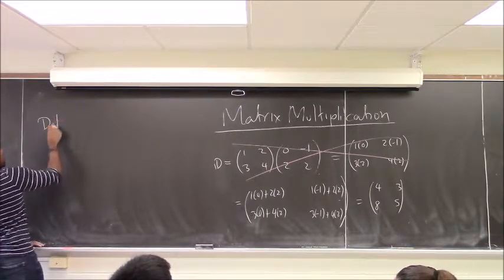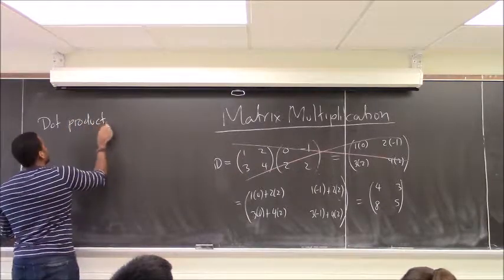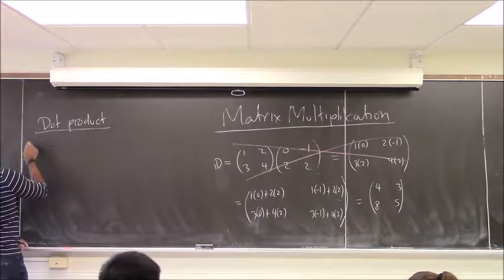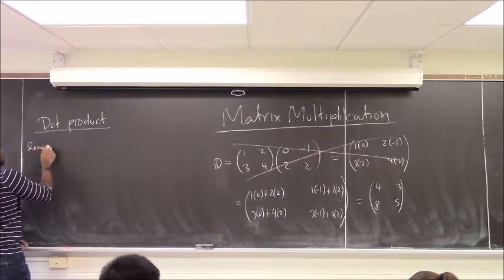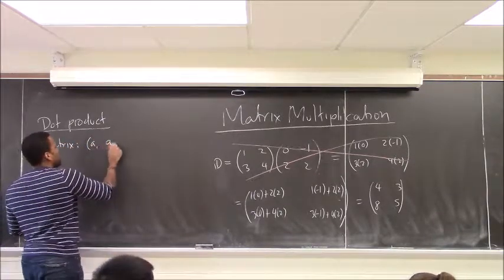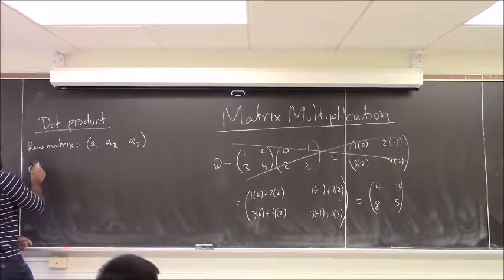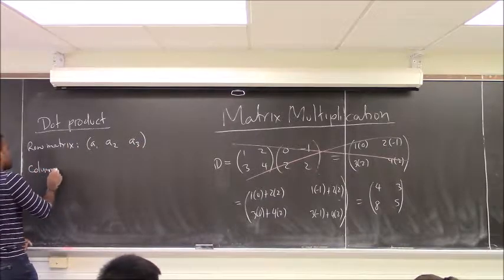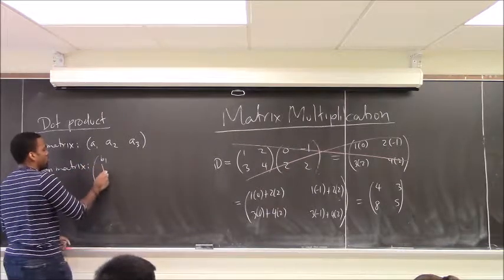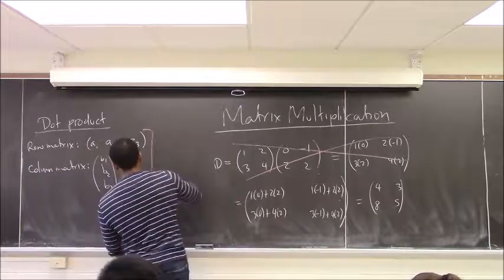To first figure that out, we have to talk about something called a dot product. Let's say we have a row matrix. That's what we call a matrix with just one row. Let's say it has A1, A2, A3. And let's say we have a column matrix. That's what we call a matrix with one column. That's B1, B2, B3. Note they have the same number of things.